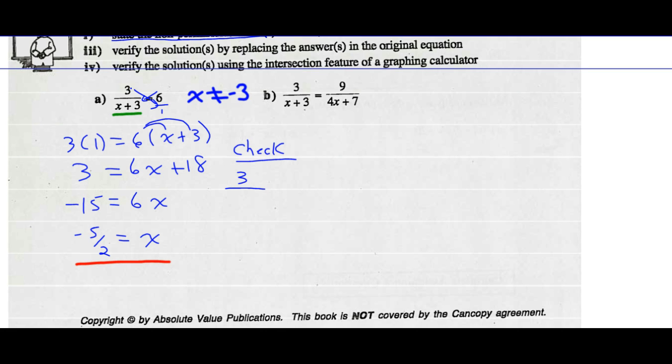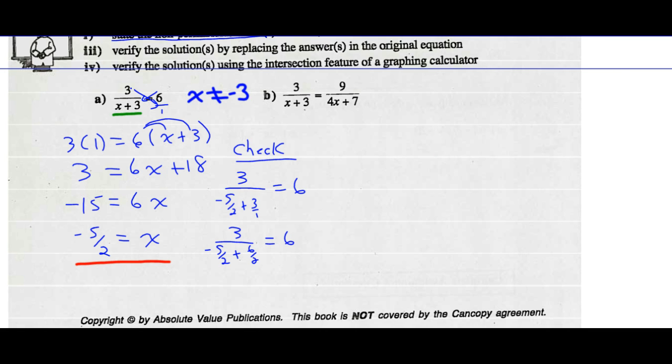So 3 over -5 halves plus 3 should equal 6. If I want to add fractions, I need a common denominator. So 3 over 1 is the same as 6 over 2.